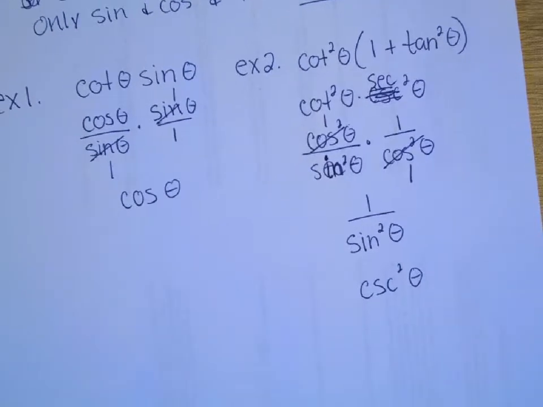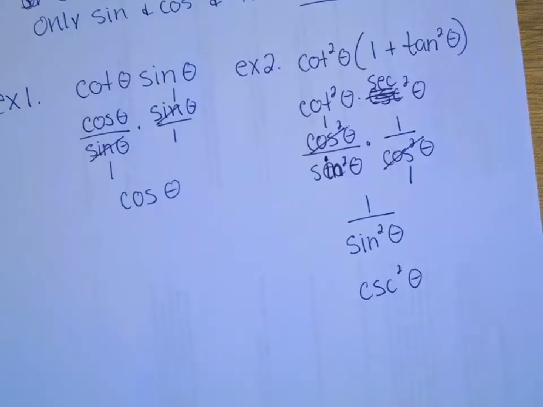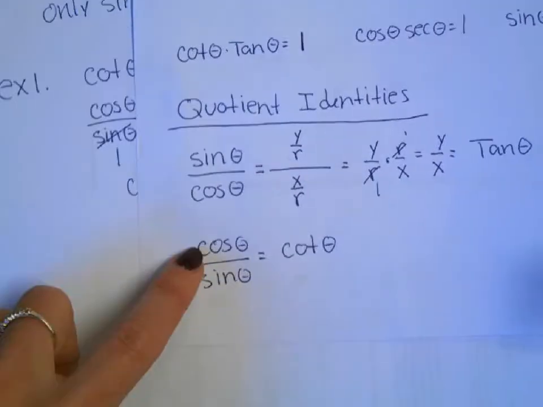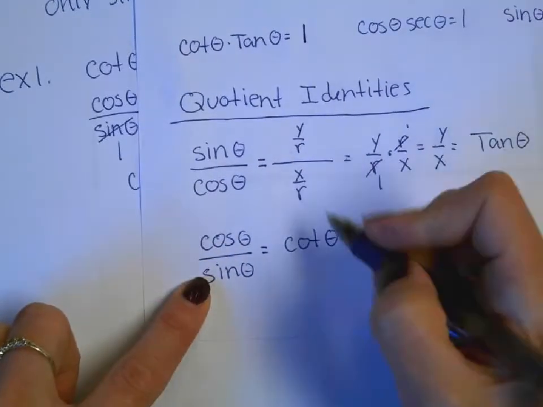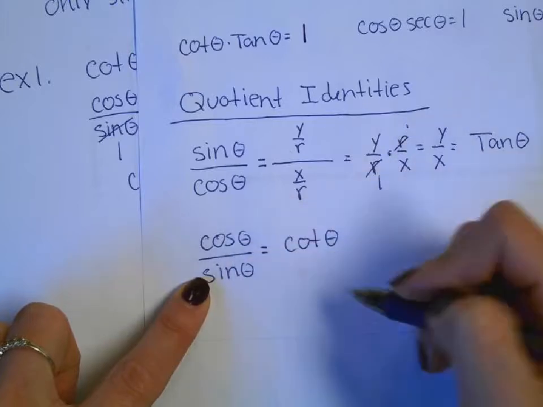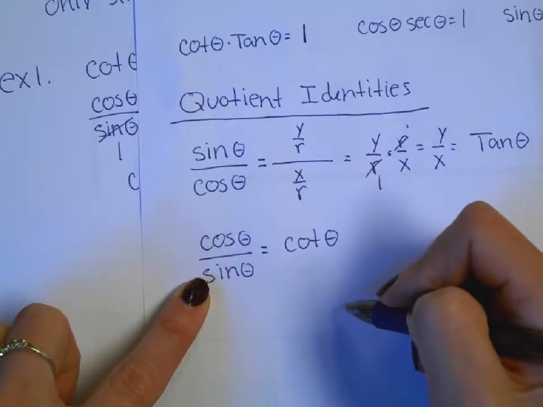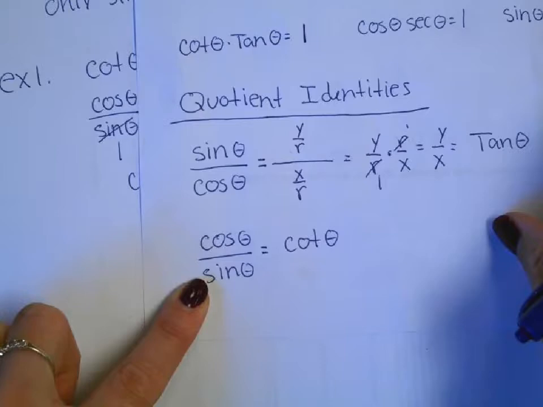Okay. Miss Roy? Yep. How did you go from the cotangent squared, secant squared to the cosine? Cotangent, just cotangent is cosine over sine. So if I've got cotangent squared, I just got to square these. Okay, so what happens to the secant?